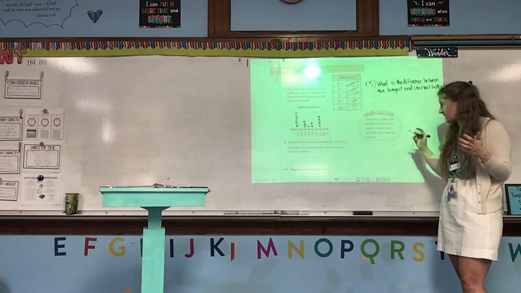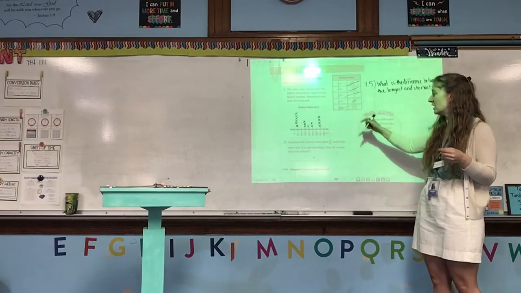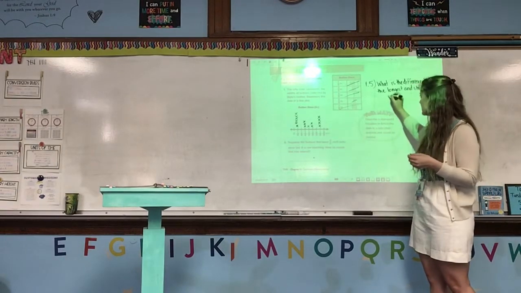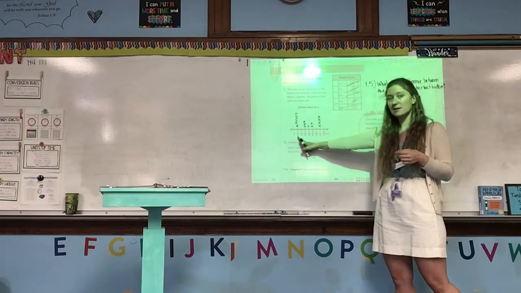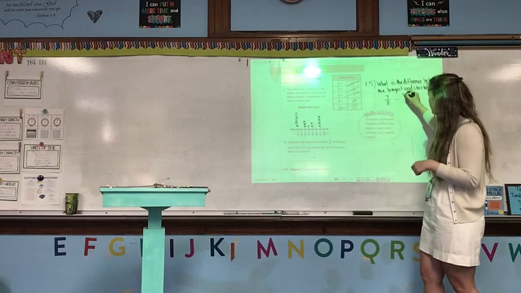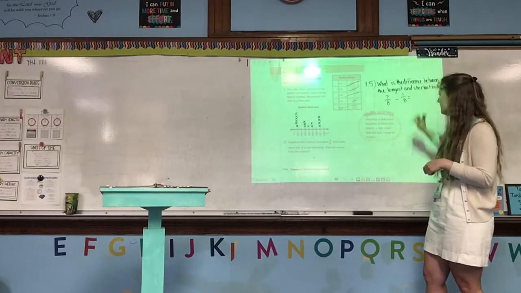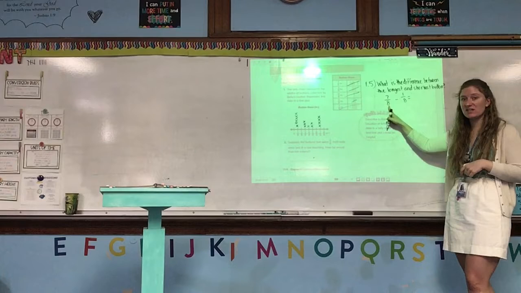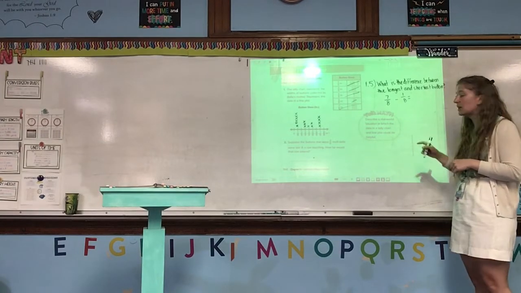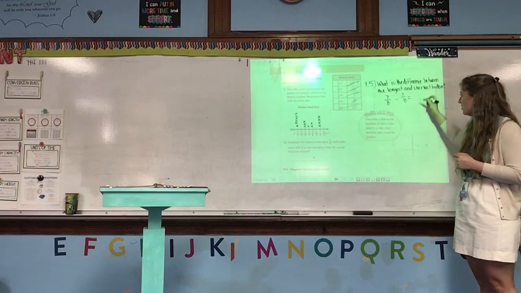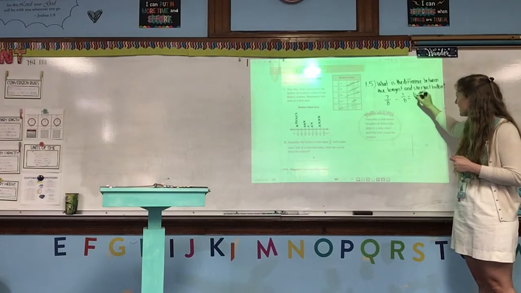Well, we know from example 2, we take the length of the longest button, which is 7/8, and we subtract the length of the shortest button, which is 1/8. So the longest button is 7/8 of an inch, the shortest button is 1/8 of an inch, so we are going to subtract. Step 1, subtract the numerators. 7 minus 1 is 6.